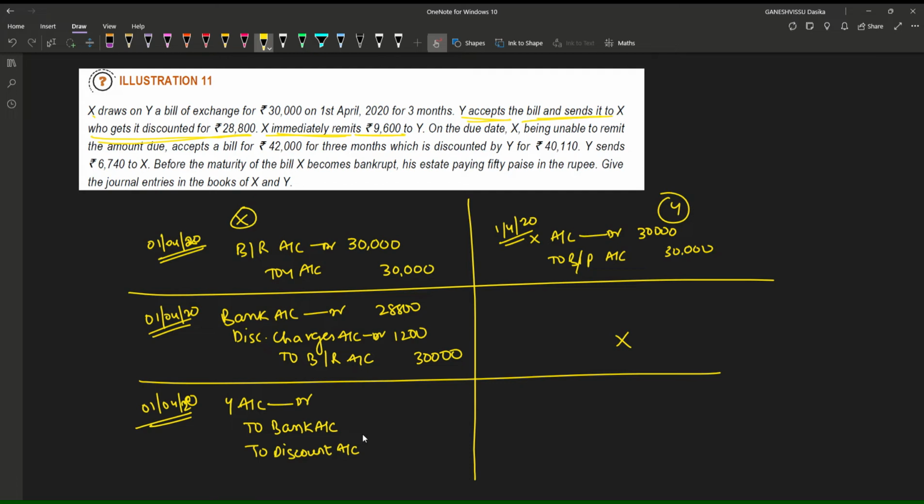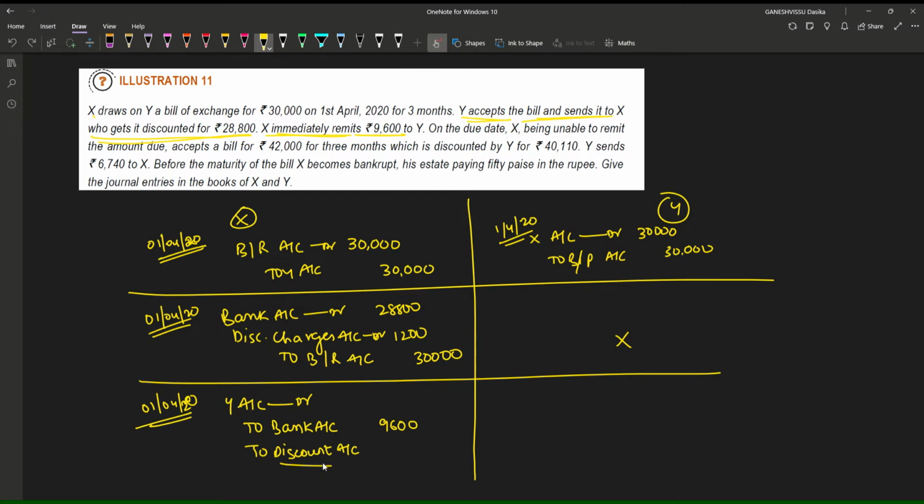So the share which they are going to decide is borne by both of them. He has sent 9,600 rupees, but 9,600 is not the complete amount. 9,600 is going through the bank, and what is the discounting charge he has to send.